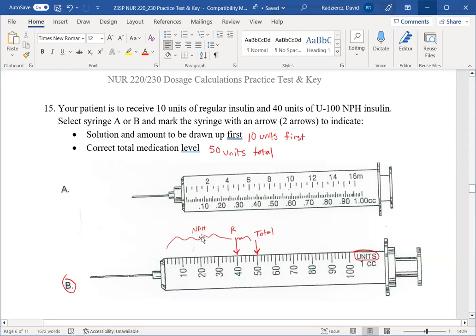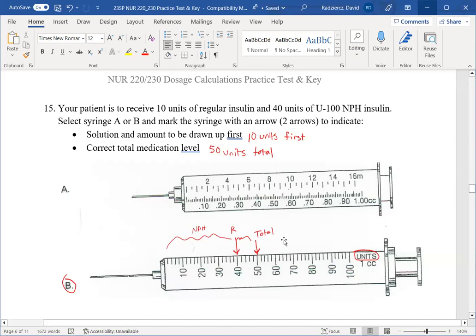Good question. First of all, if you're drawing it up first, then the stuff you draw up first is going to be closer to the plunger end, in theory, if it were separated. You got it. I've seen updated versions of this question where they just ask you to mark the total on the syringe without differentiating.